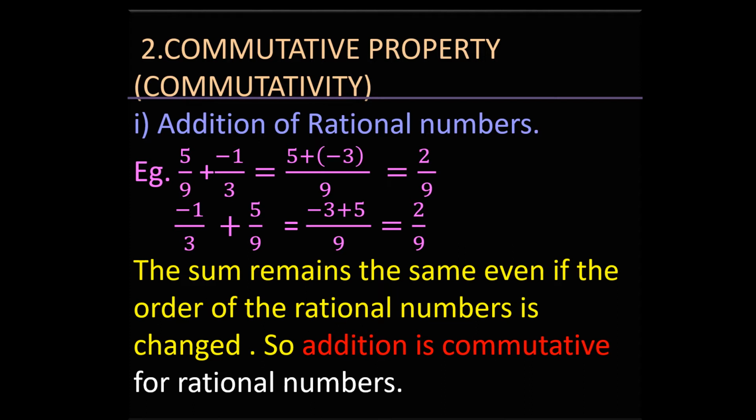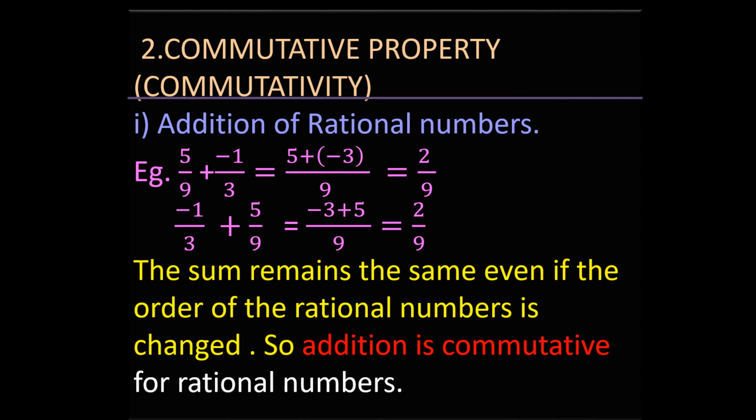That's the same as 5 plus minus 3, the whole divided by 9, which is equal to 2 by 9. In the second case, we reverse the order so that minus 1 by 3 comes first and 5 by 9 comes second. When we do the calculation, that's equal to minus 3 plus 5, the whole divided by 9, which is equal to 2 by 9.